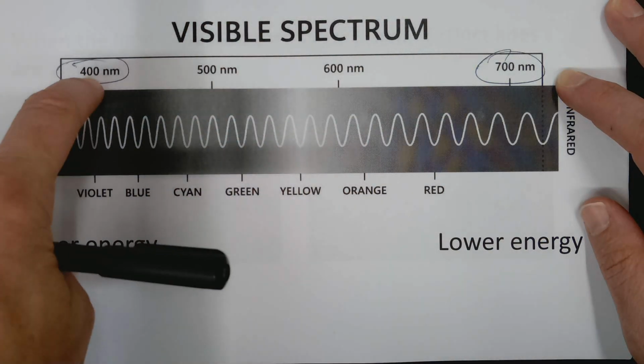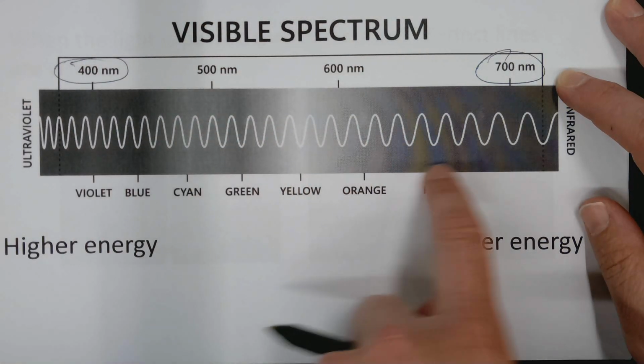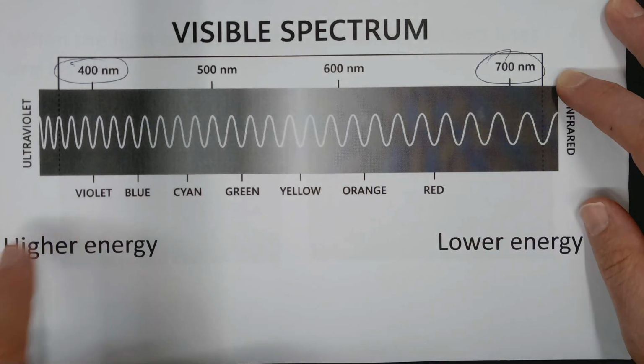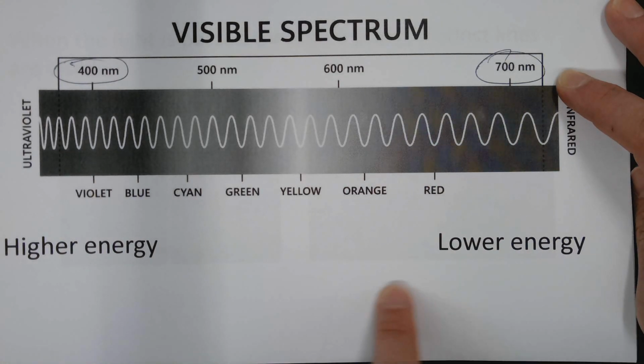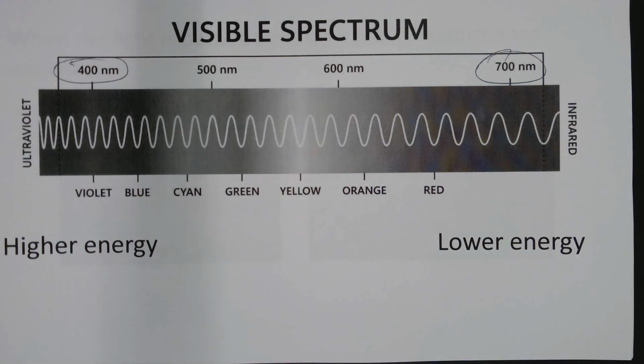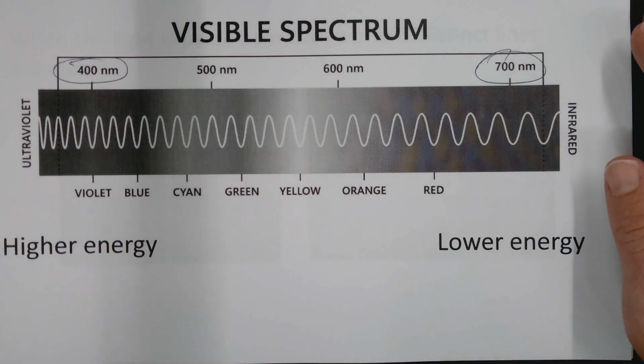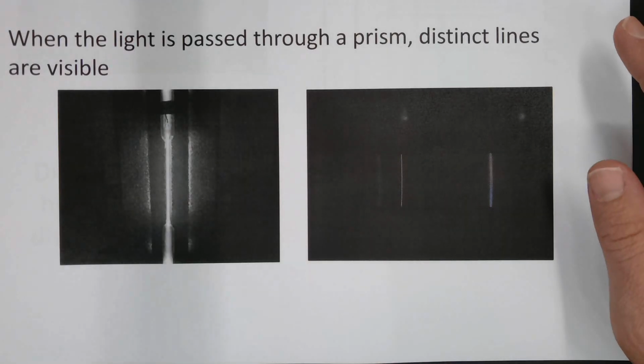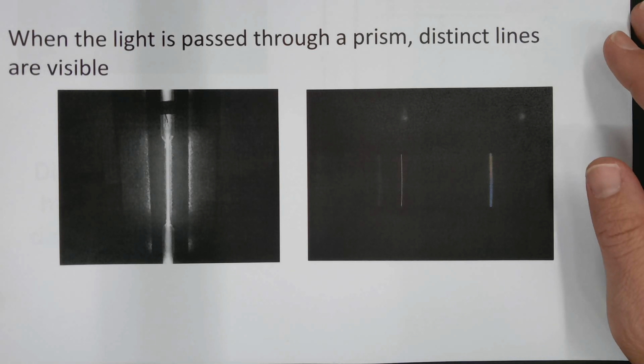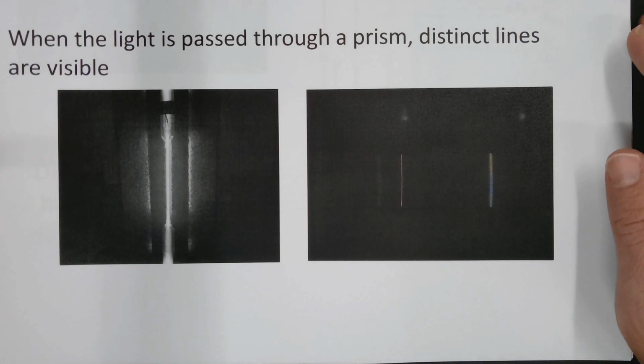So the wavelength corresponds to the color of light that your eyes can detect, and that corresponds to the energy. And this is going to be really important when we're talking about atomic theory. So again, I would suggest you look at the slides, because this is much more apparent in color.